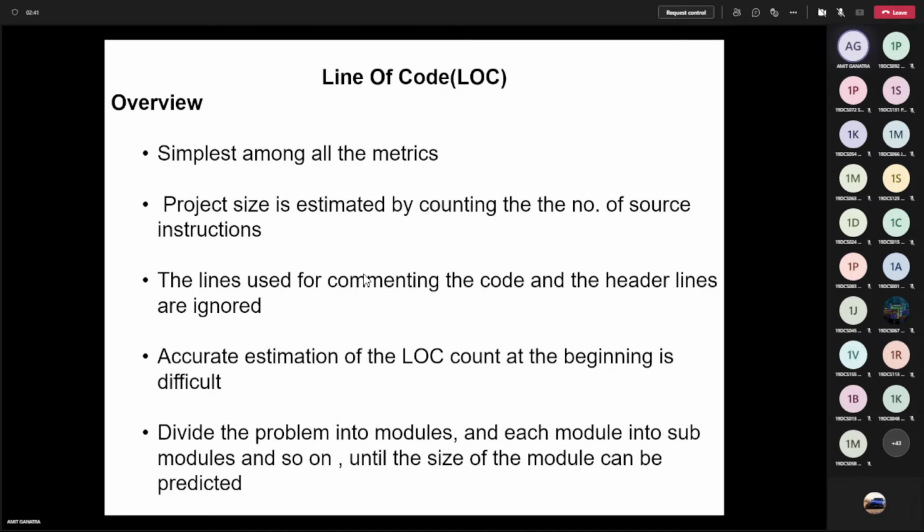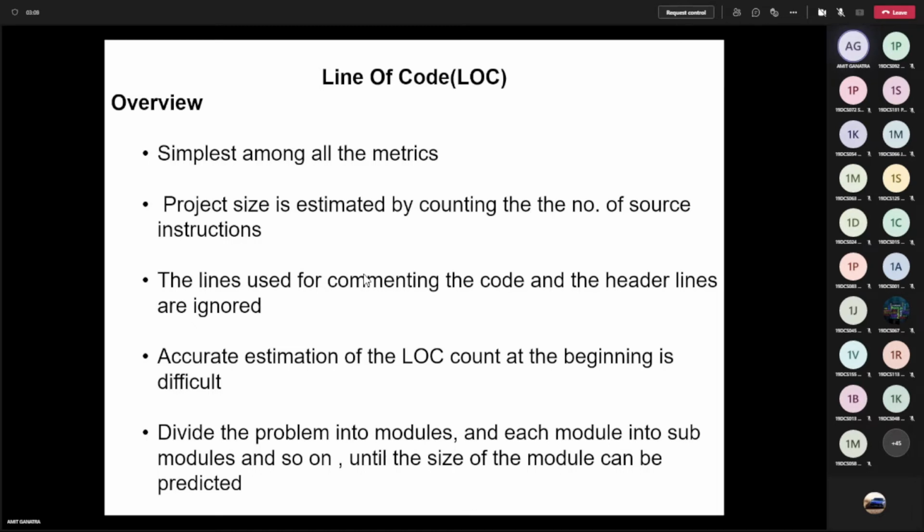So what does line of code mean? Before you start your project, you have to estimate how many lines of code you have to write in total in the software which you want to produce. So this is to be estimated in advance, right? And that's why it is difficult. Why is it difficult? All of you are aware, because everybody's programming style is different. Everybody can lay down a program in their own way.